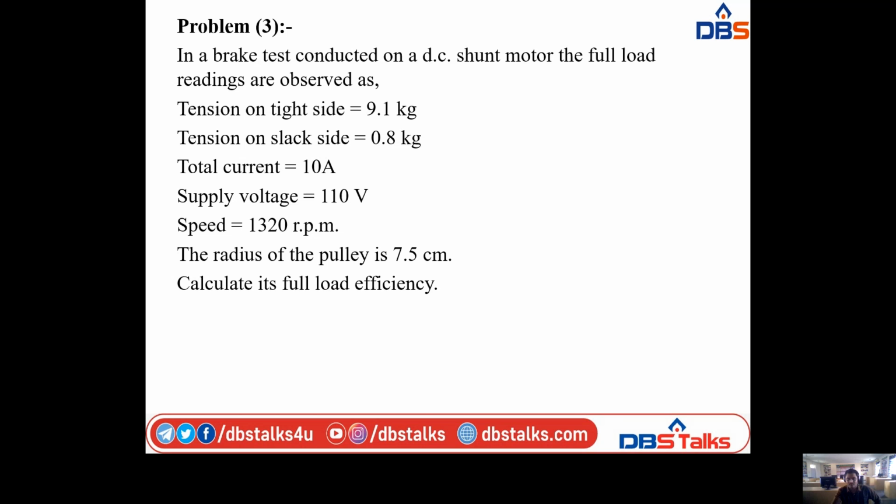Next, coming to the fourth one, I have taken the retardation test. They have given that a retardation test is made on a separately excited DC machine as a motor. The induced voltage falls from 240 volts to 220 volts in 25 seconds on opening the armature circuit, and in 6 seconds on suddenly changing the armature connection from supply to a load resistance, which takes an average current of 10 amperes.